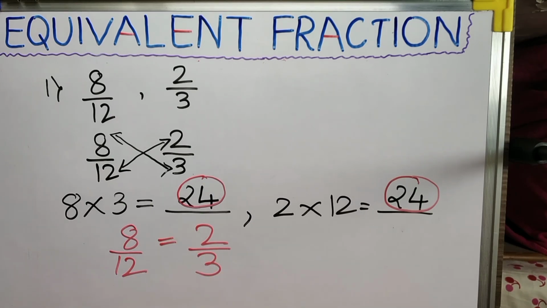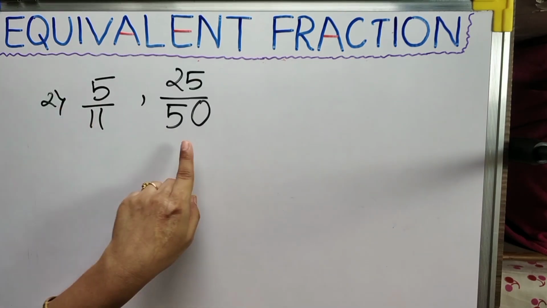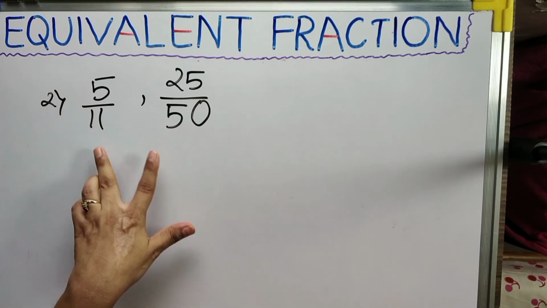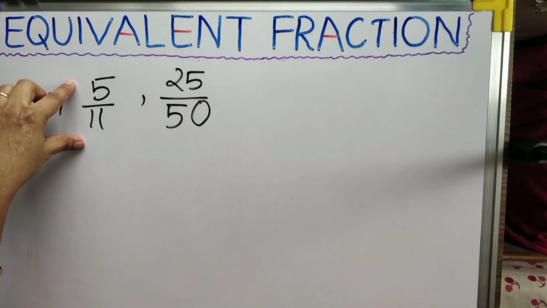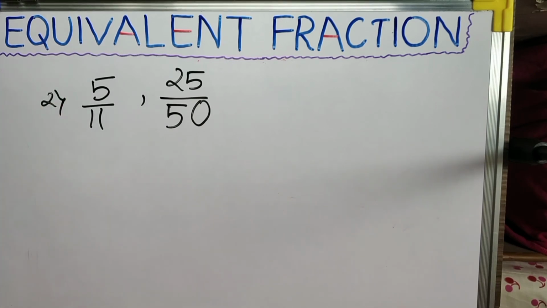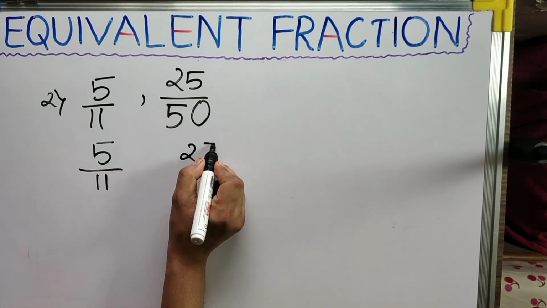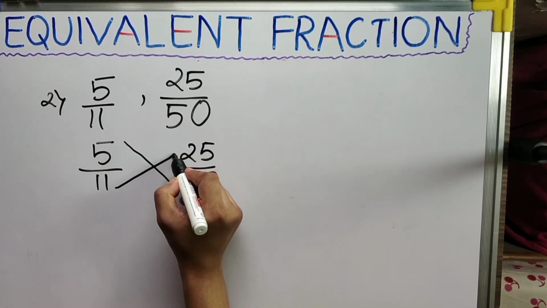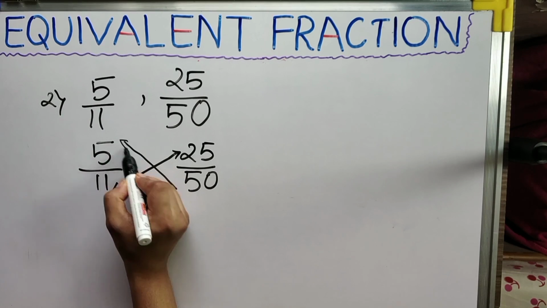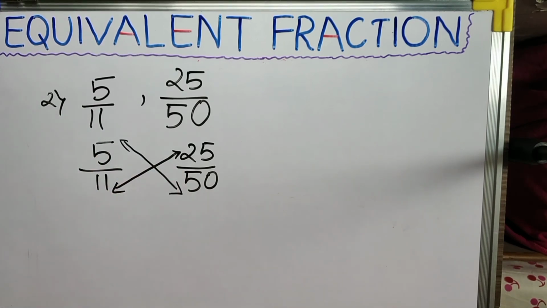Let us see one more example for better understanding. Let us see this example, 5 upon 11 and 25 upon 50. We need to check for equivalence of both these fractions. So we will apply the same concept as we applied in the previous example. We will simply cross multiply the numerator of one fraction with the denominator of another fraction.